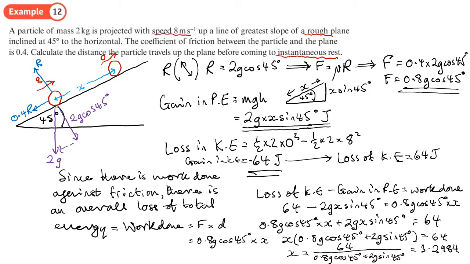To three significant figures it would be 3.3, but I'm going to leave it as 3.298, as I don't really want to round it, it just seems a bit odd. So there's our final answer, obviously in meters.